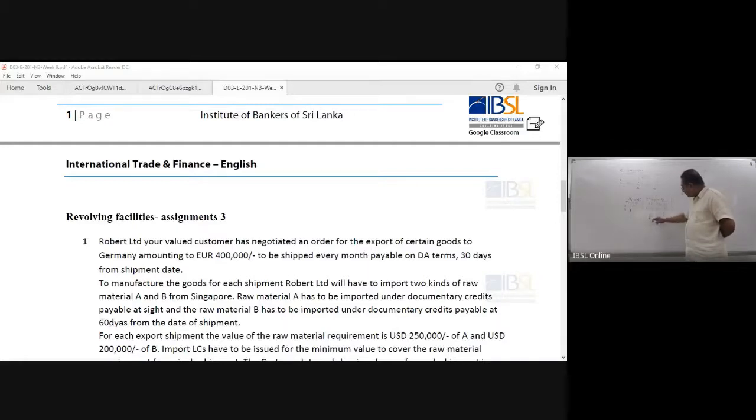End of June, this June and this will go off. May and May will go off, and twice 80. So the maximum acceptance facility, like the LC outstanding, is twice 8,000 at the rate of 160.